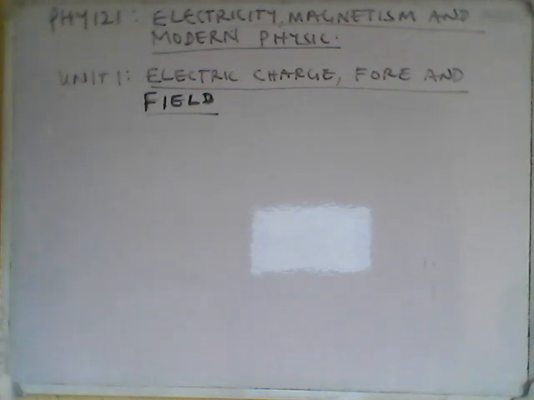We'll be looking at Physics 121, Electricity, Magnetism and Modern Physics. And we're starting off with Unit 1, Electric Charge, Force and Field. In this particular video, we'll look at the difference between the two kinds of charge, the positive and negative electric charge.